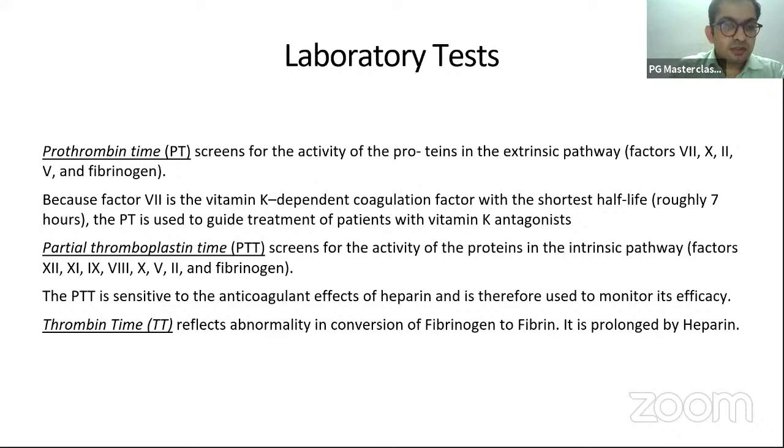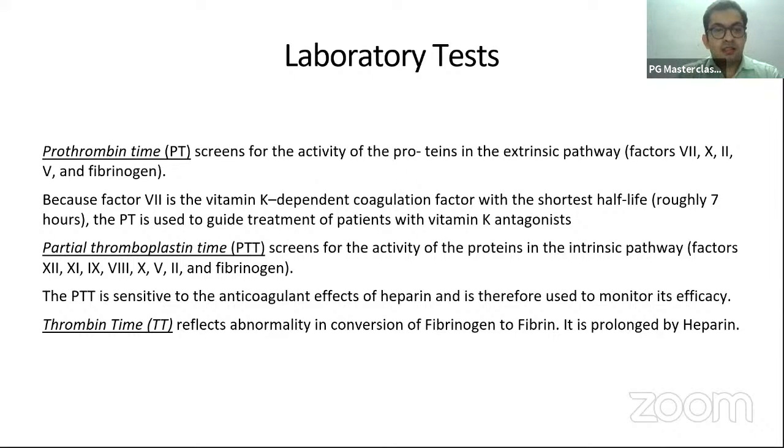The second test which we use is partial thromboplastin time, PTT, which screens for the activity of proteins in the intrinsic pathway. PTT is sensitive to the anticoagulant effects of heparin and is therefore used to monitor its efficacy. Heparin acts as a thrombin inhibitor, and its action is checked by PTT.